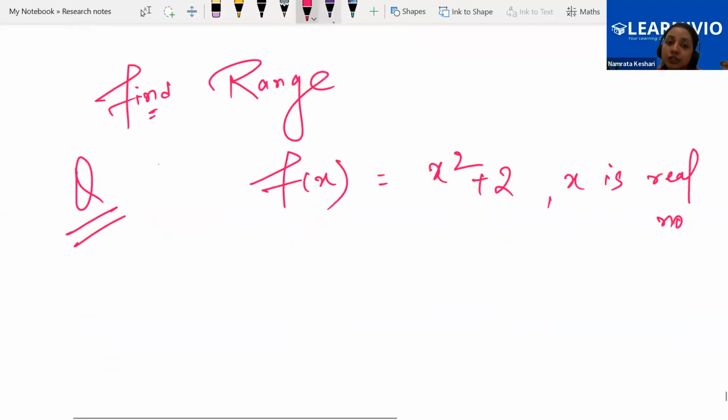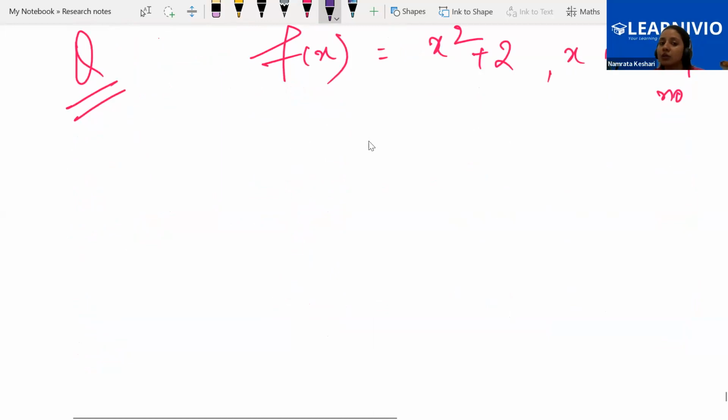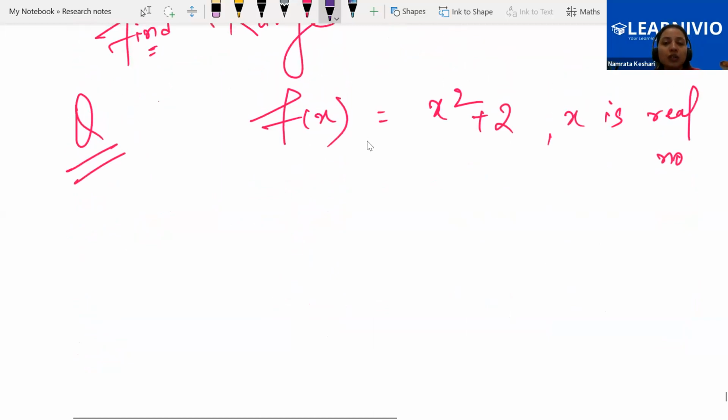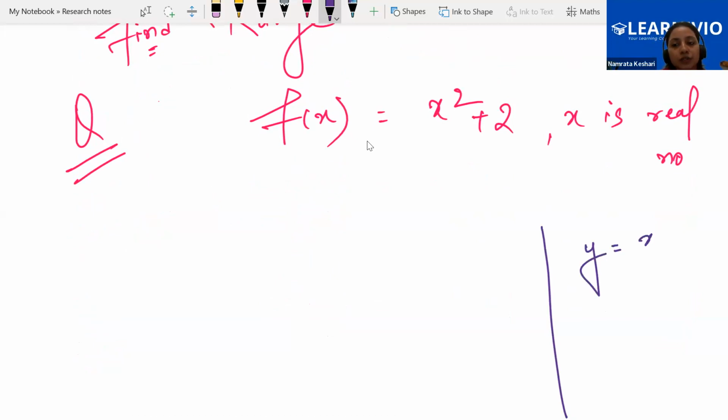Let's check whether that possibility is working over here or not. Is it possible that it will give us a proper interval for the range of the y value? If we take f of x as y, then y equals x square plus 2. We can take 2 to this side: y minus 2 equals x square. We wanted to isolate x, because for now we are not able to think about the possible y values.